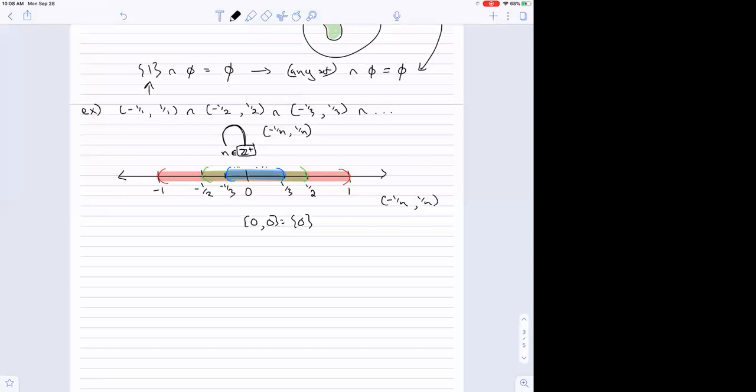Okay, so I'll just do one definition. This definition is just in the textbook, so I included it, but we're not going to talk too much about it for now. We say that two sets are disjoint if their intersection is the empty set.